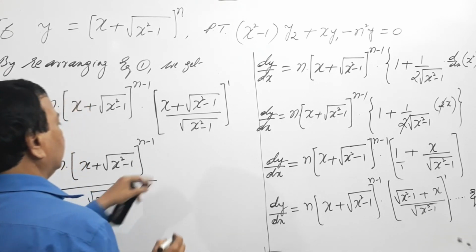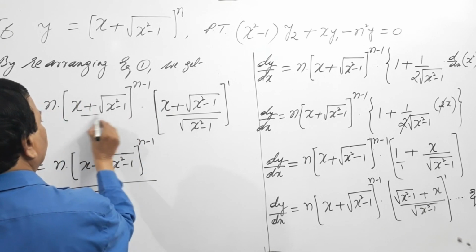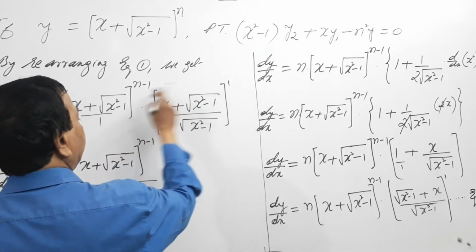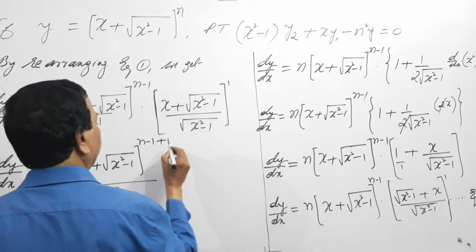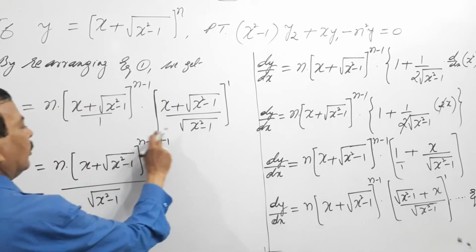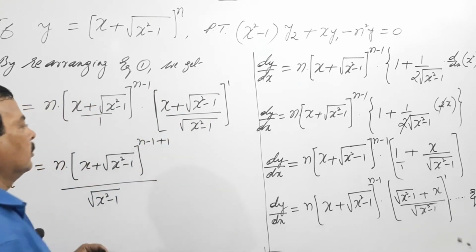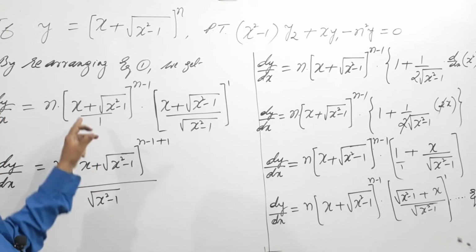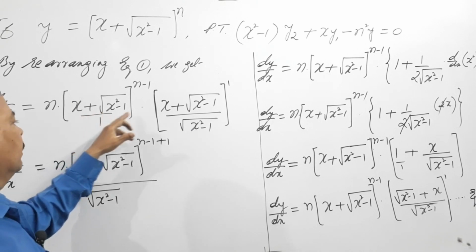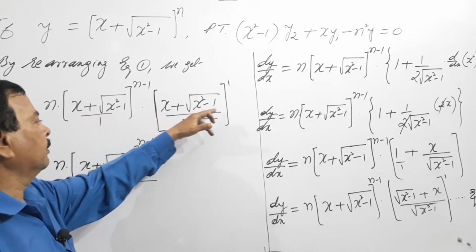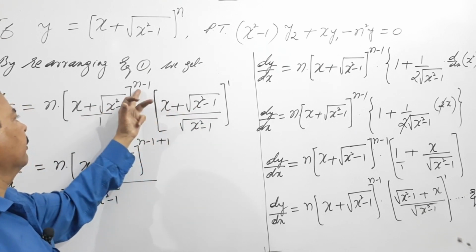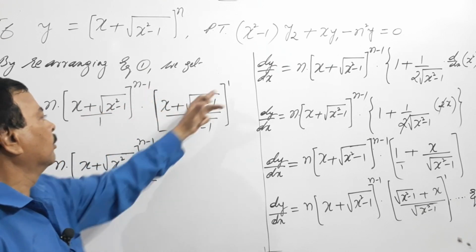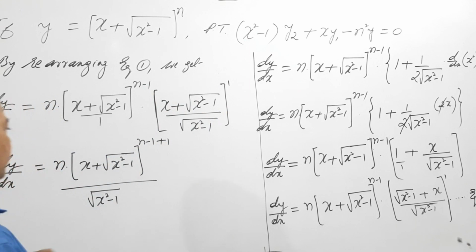So bases are same, add the indices, plus 1. Can write like this. See here, x plus under the root x square minus 1, x plus under the root x square minus 1. So both the bases are same, add the indices n minus 1 plus 1. So what happens here?